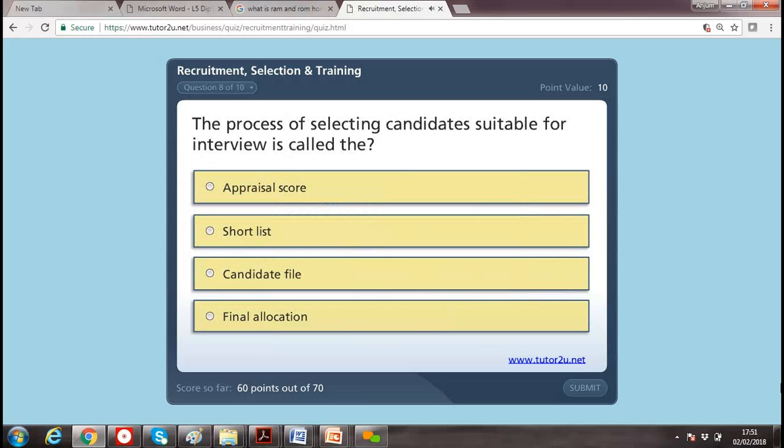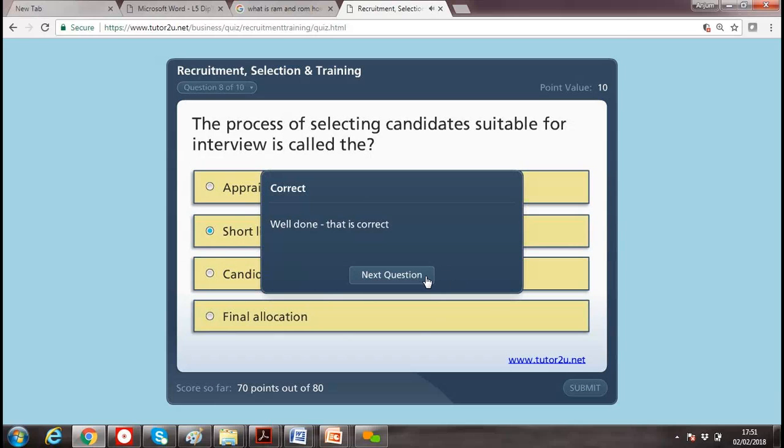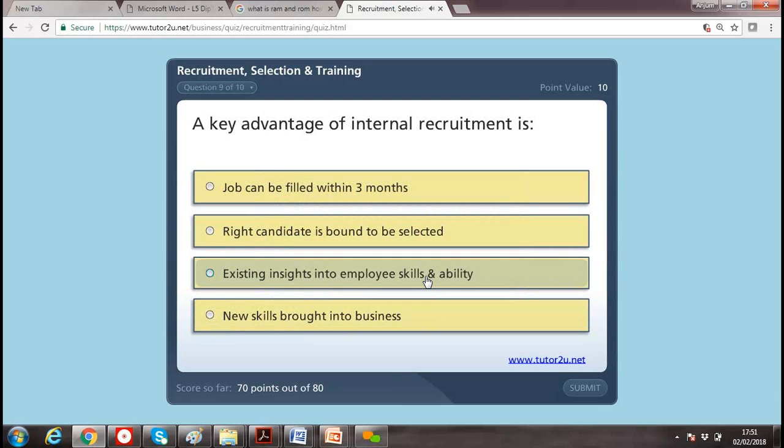The process of selecting candidates suitable for interview is called the shortlist. Good, well done. A key advantage of internal recruitment is gaining insights into employee skills and ability.